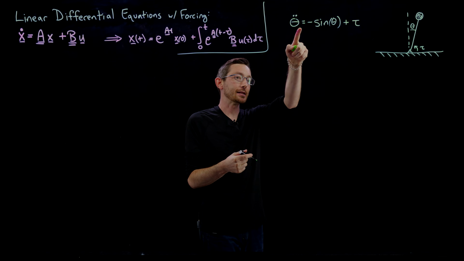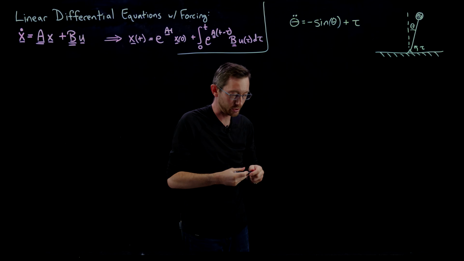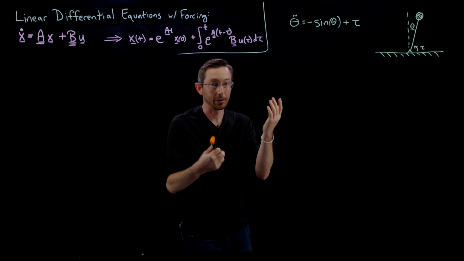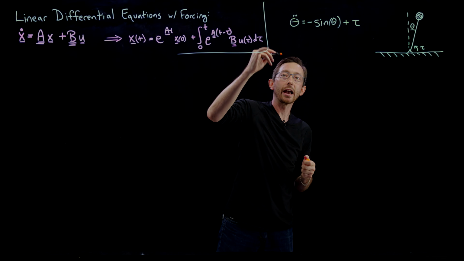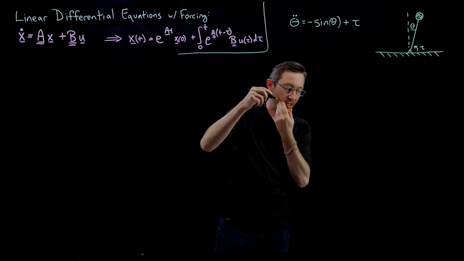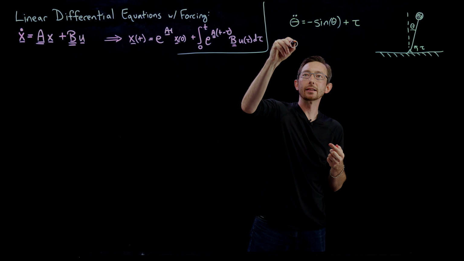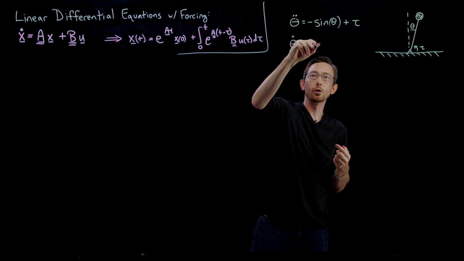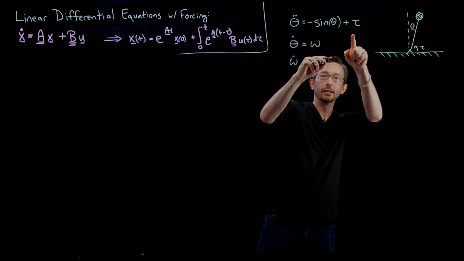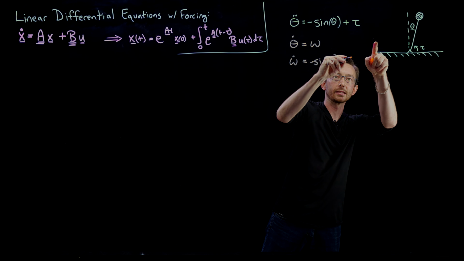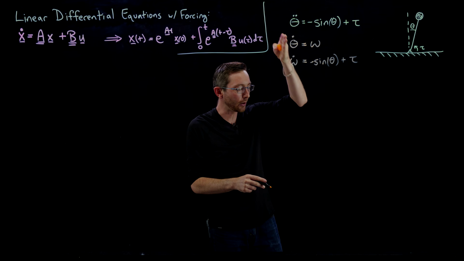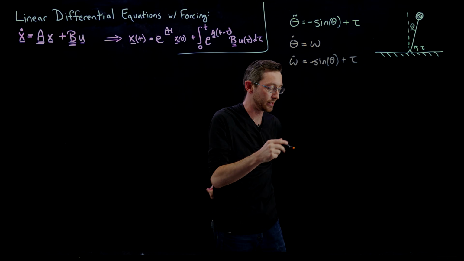And so I can write this as a matrix system of equations, just like we have throughout this entire class. First I will write down theta dot equals omega, and omega dot equals minus sine theta plus tau. From this, I can write down a matrix system of equations.